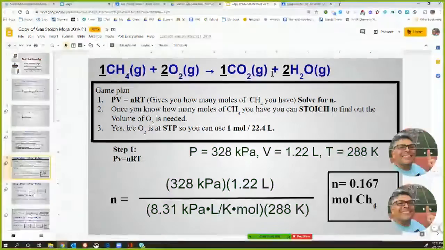Once you know how many moles of methane you have, you can Stoich to find out the volume of O2 that is needed. Because O2 is at STP, you can use that 1 mole is 22.4 liters at STP.